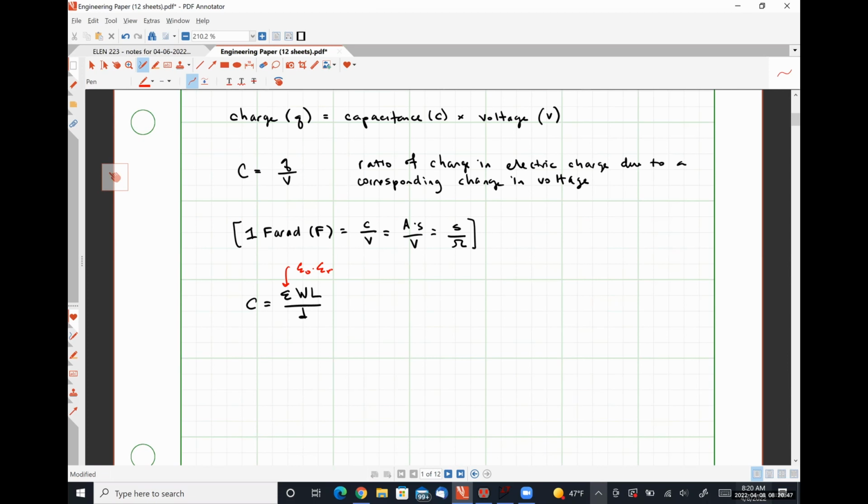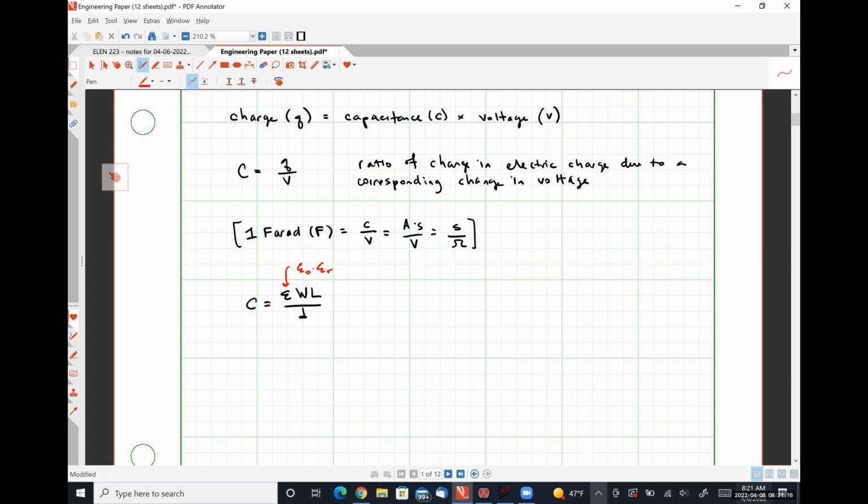So if we want to make a very large capacitor, we would have to have a combination of a very large plate area and a very small gap between the plates. Typical values for capacitors that are used in simple electrical circuits are on the order of picofarads to millifarads, where a millifarad would be considered a very large capacitor, okay?